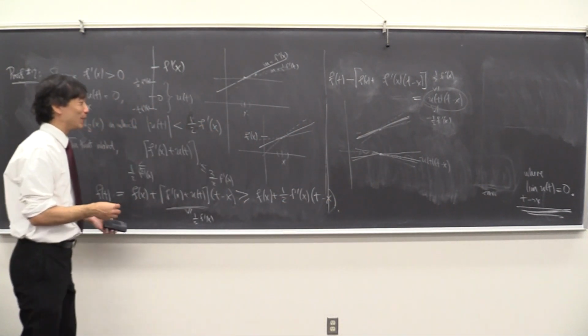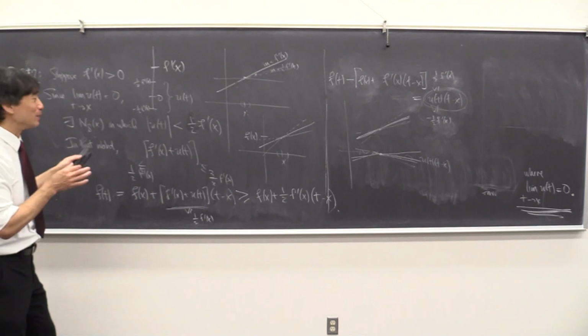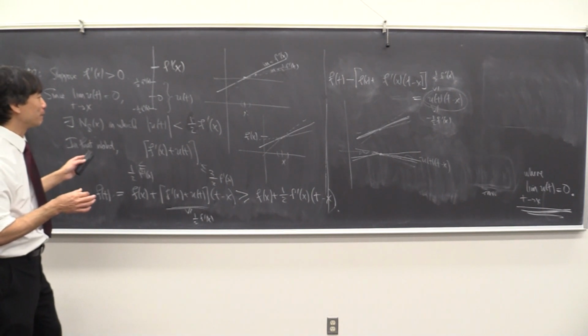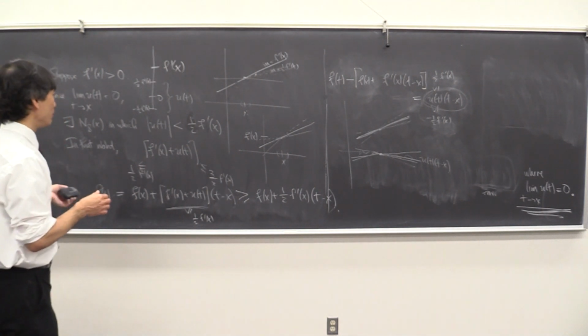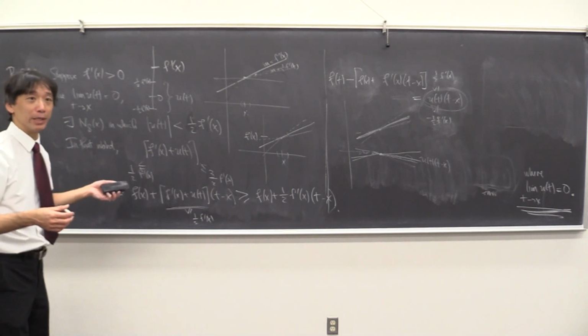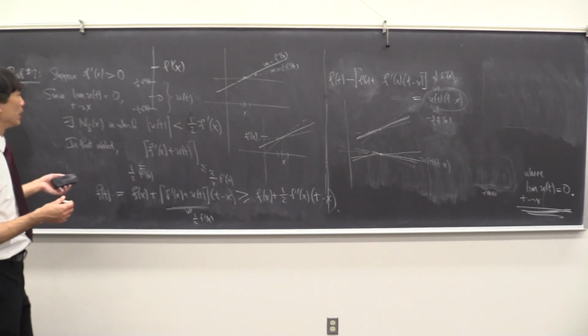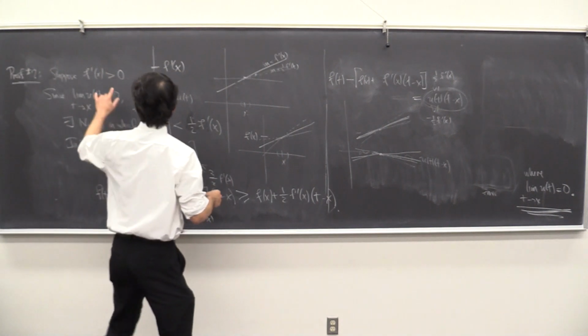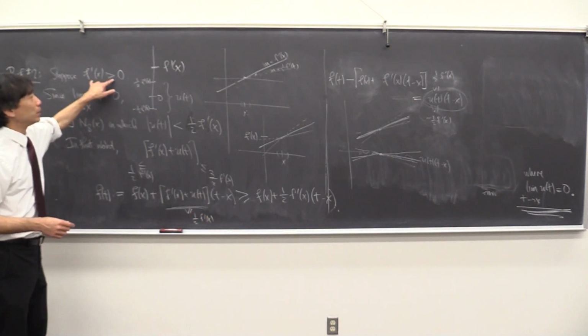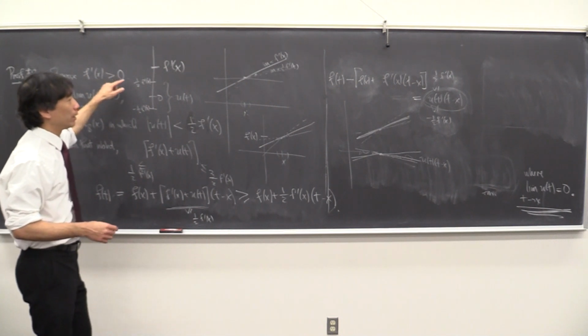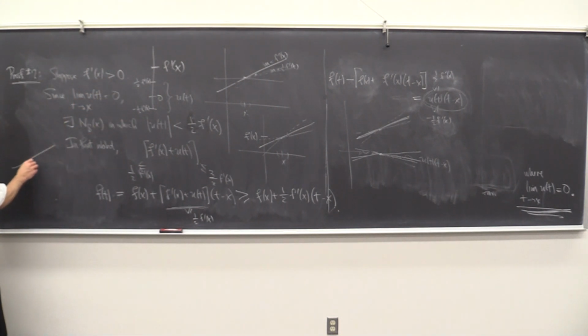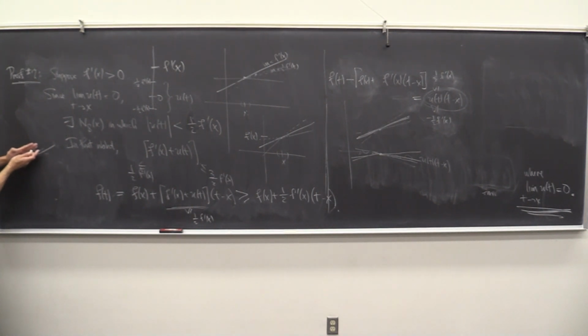I don't know if that was any better or worse, but I think this is a more intuitive way of thinking about this behavior, right? If the derivative is positive somewhere, then you can basically make the function as close to that line as you desire, and that would mean that your function has to be increasing.